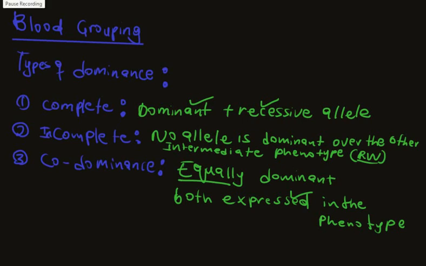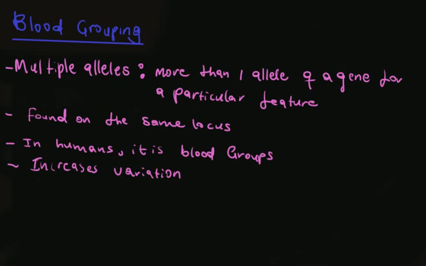I will move to blood grouping, which is the main thing we're going to talk about today. So with blood grouping, there is a concept of multiple alleles. So we have to understand what multiple alleles are.